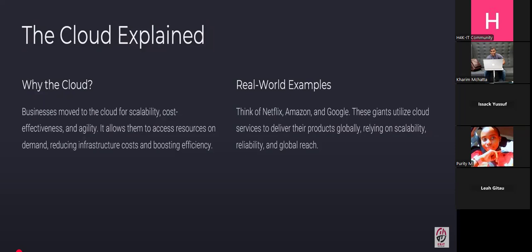Some of the real world examples of companies that are using cloud right now are Netflix, Amazon, and Google. They're using cloud to deliver services globally and to ensure that many people around the world are able to access their resources, as well as internally store and save data to ensure nothing is lost.